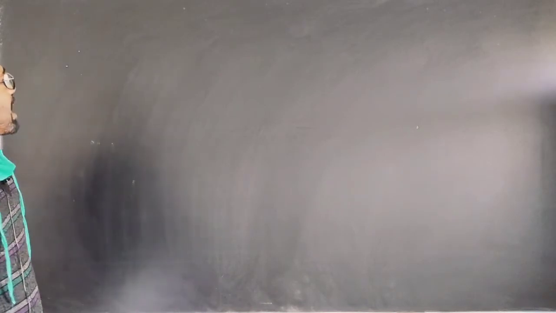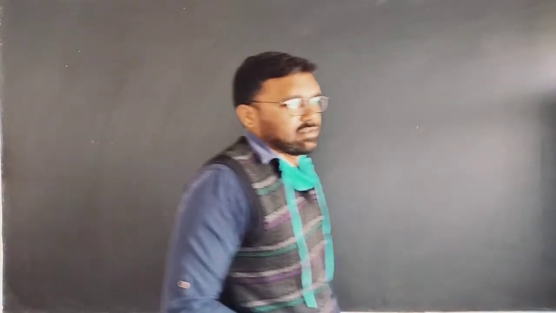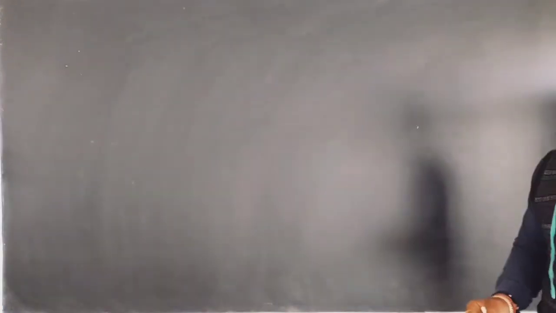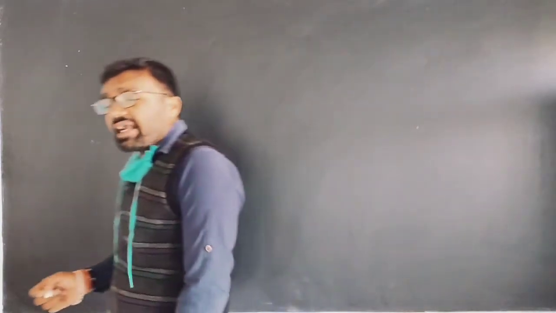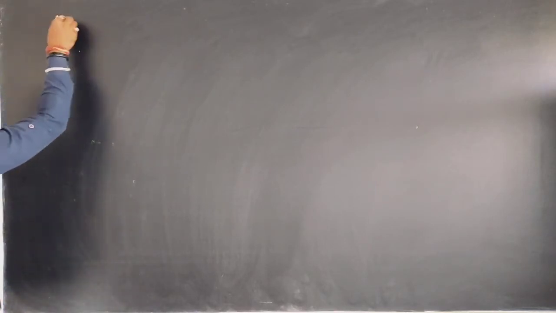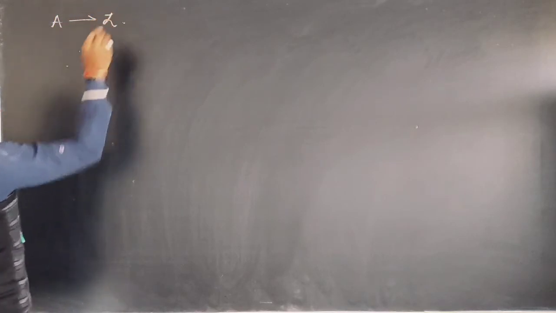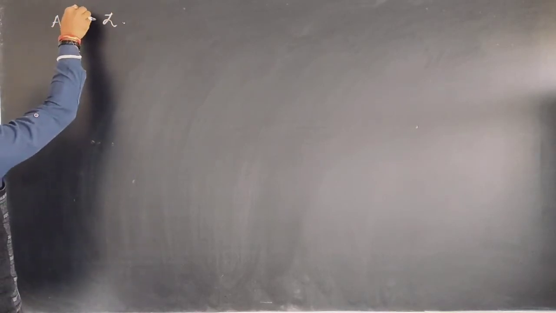Suppose I consider a reversible reaction, in which both the forward reaction and the backward reaction are of first order, obeying first order kinetics. By assuming this, consider the reaction A. In the forward reaction A gives product Z with the rate constant K1.